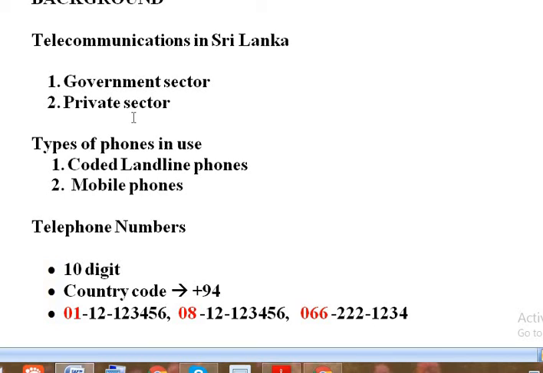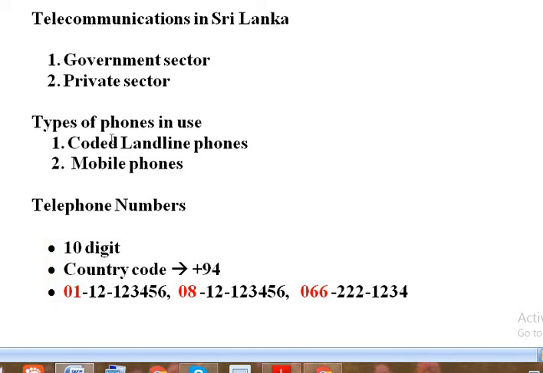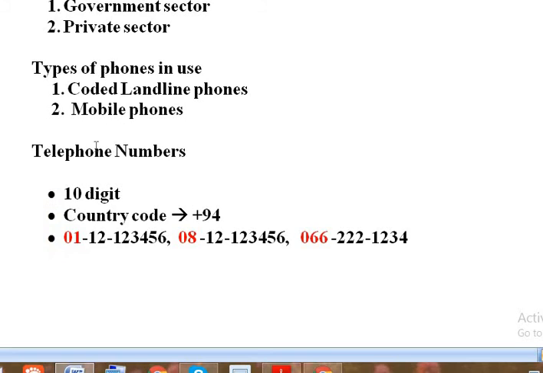If it's an official conversation, most likely you will be given a number that connects to a coded landline, or in other cases, if they want you to contact them, you might be able to contact them through mobile phones.